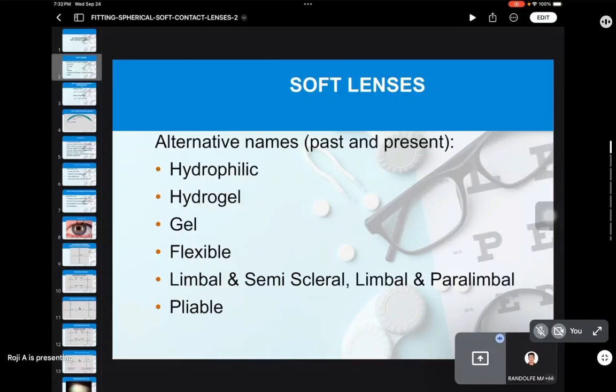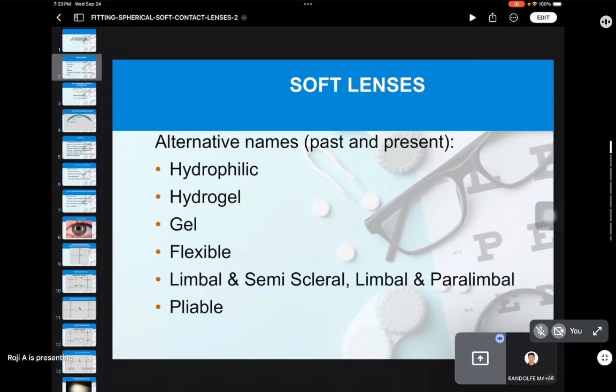So if you try to understand based on the names, hydrophilic because it's water loving, hydrogel because of its water content, gel because of the gel component, flexible because of its flexibility, limbal and semi-scleral, or paralimbal because of its diameter, which is around 13, 14, 15. And pliable, again, because of its softness.